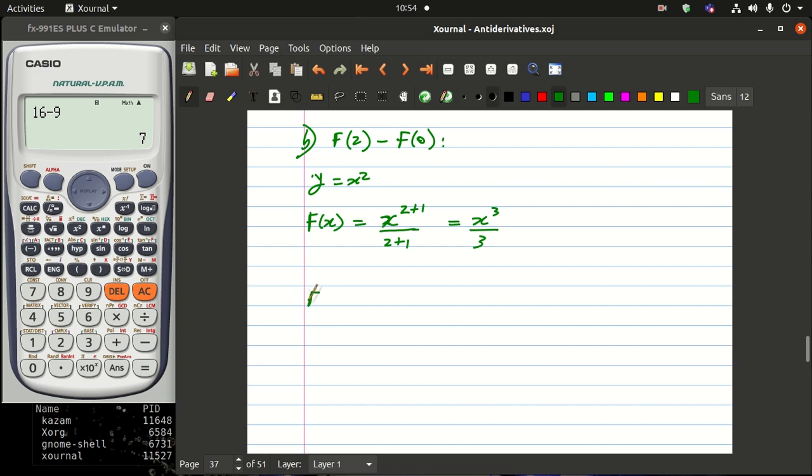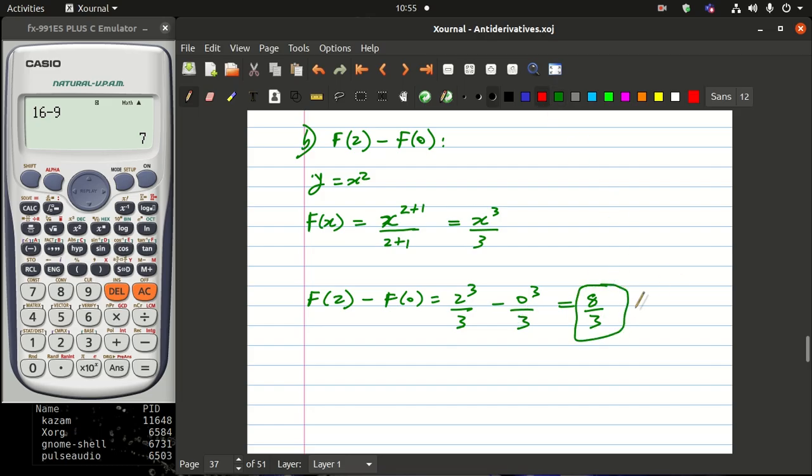Therefore, you can say that f of x is equal to that, or simply put, what we're looking for is f of 2 minus f of 0. So I'm going to plug in 2 there, so I'll get 2 cubed divided by 3 minus 0 cubed divided by 3, which is the same as 2 cubed, that's just 8 over 3. This one is a 0, so we're getting this nice thing here.